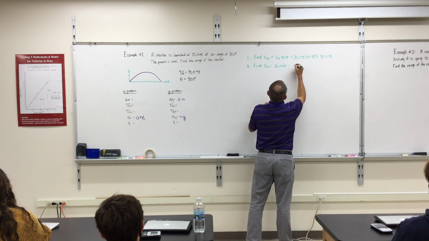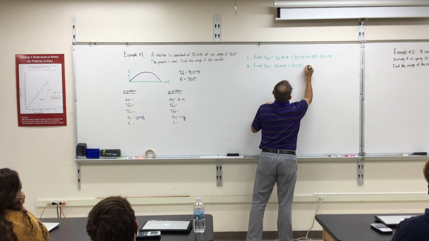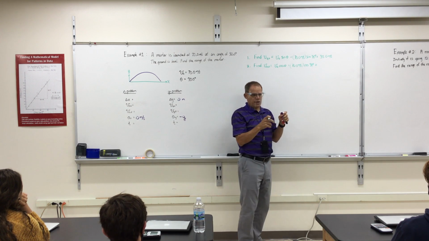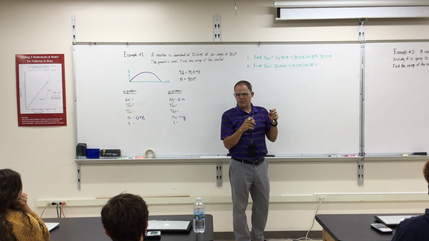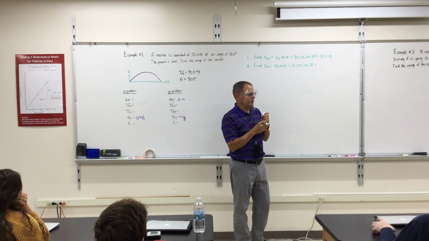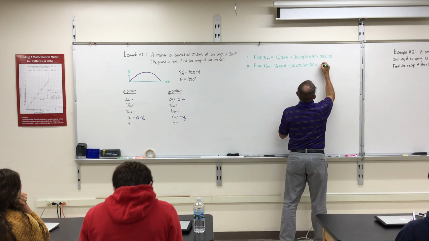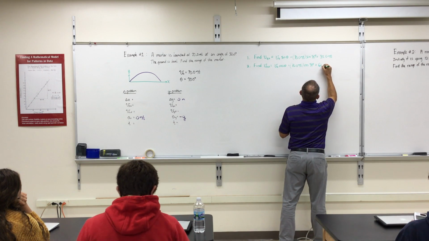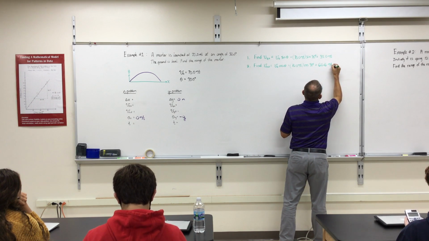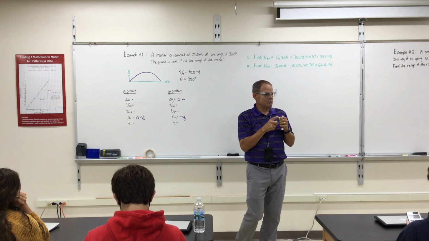This is going to be 70.0 meters per second times the cosine of 30, which was, remember, go ahead and do it again and keep it on your screen because we're going to need it. I think it's 60.6 maybe? 60.6 meters per second. Is that close? Okay.